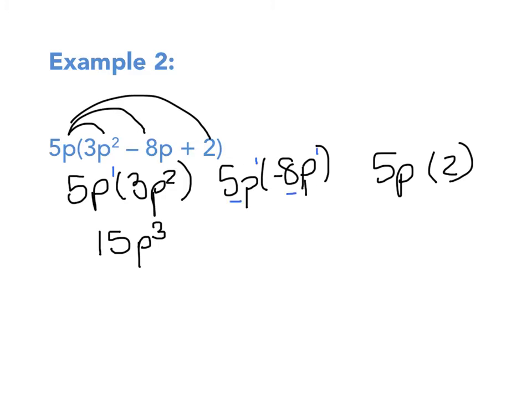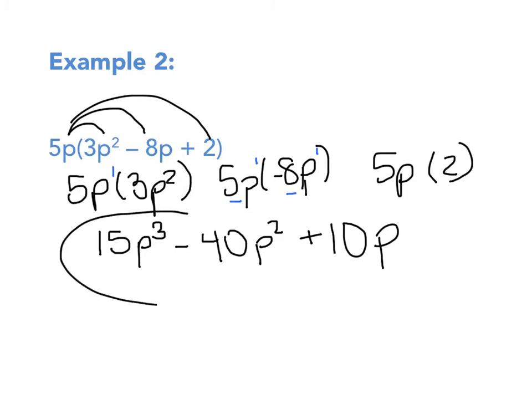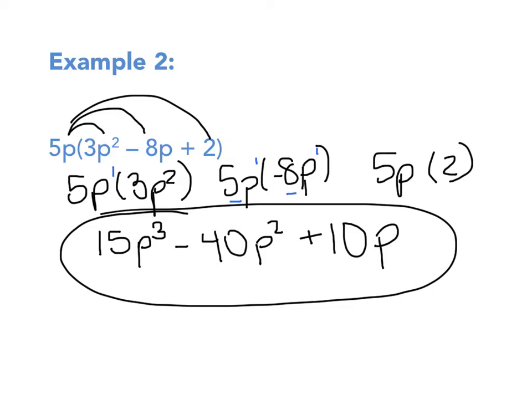We multiply our coefficients, so 5 times negative 8 is negative 40, and p to the first times p to the first is p squared. And then finally we just have 5p times 2, which is 10p. So this entire simplified answer, we cannot combine any more like terms, is 15p to the third minus 40p squared plus 10p.